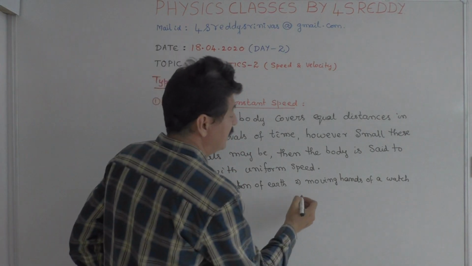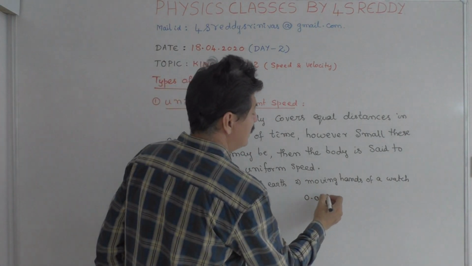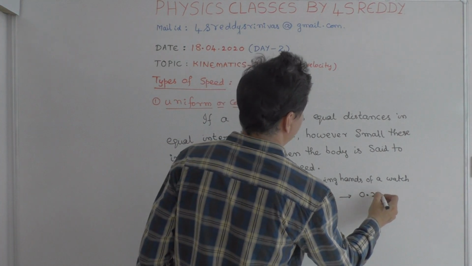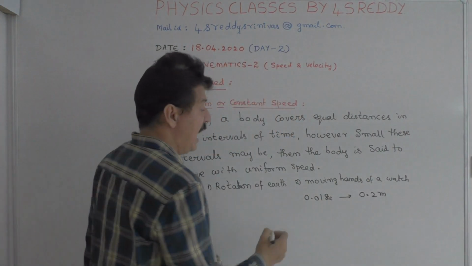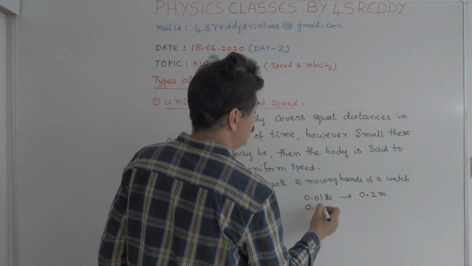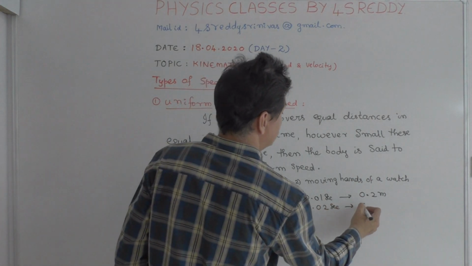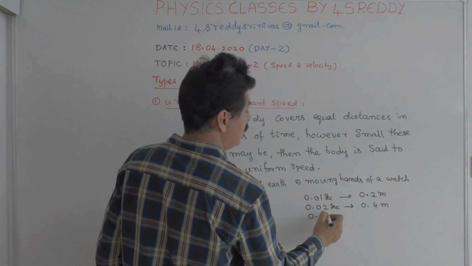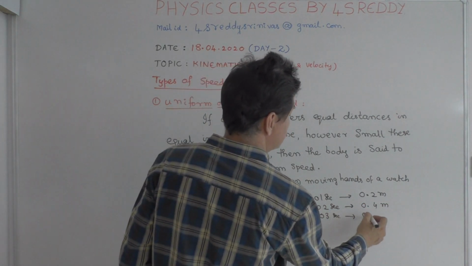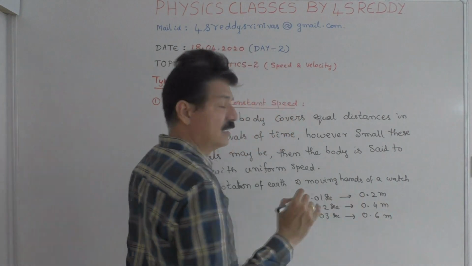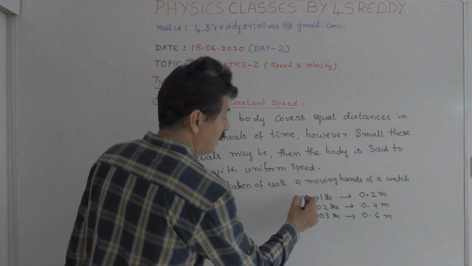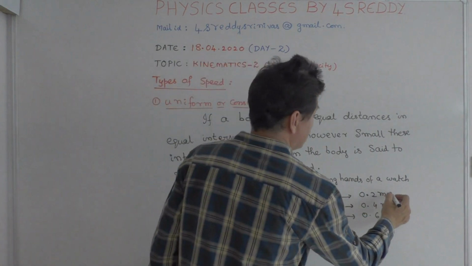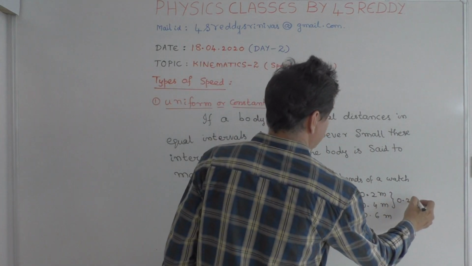For example, in 0.01 seconds, it covers a distance of, let us say, 0.2 meters. In 0.02 seconds, it covers a distance of 0.4 meters. In 0.03 seconds, it covers 0.6 meters. What is the time difference here? 0.01 seconds, during which it covers 0.2 meters.